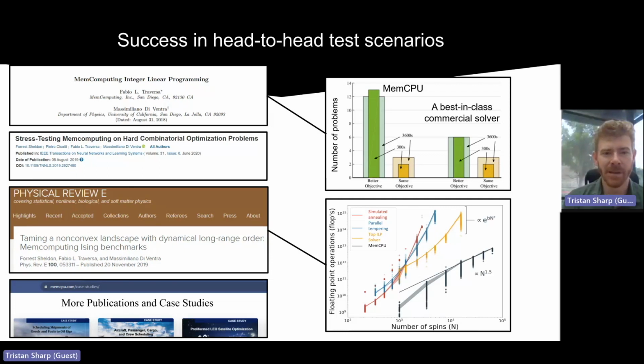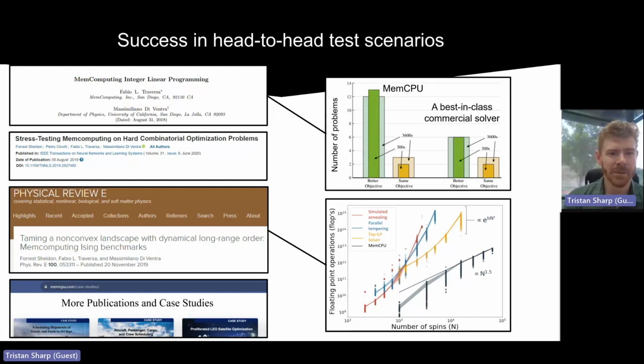It doesn't really matter what the timeout is, whether it's 300 seconds or an hour. In either case, MEMCPU, the MIM computing solver at that time, solved more problems to a better objective than the one they compared against, which was the best-in-class commercial solver. And it didn't really matter what the timeout was.